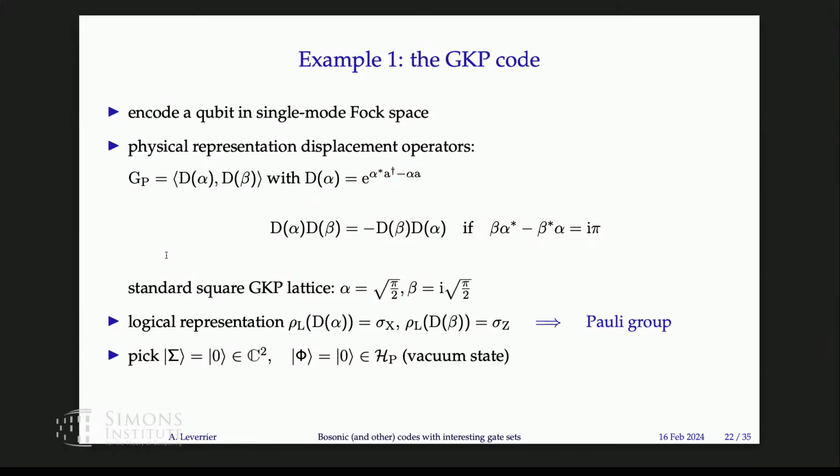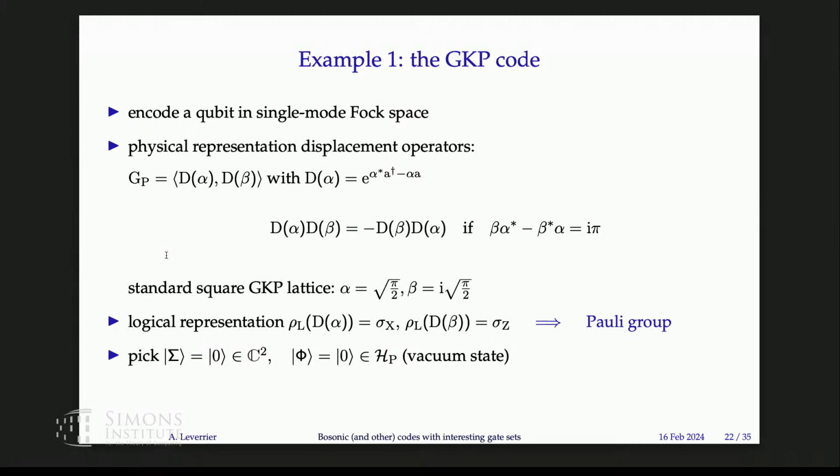They anti-commute if you choose alpha and beta in the right way. For instance, you recover the square lattice of GKP if you take alpha to be square root of pi over 2 and beta to be i times square root of pi over 2. So this would be your group.